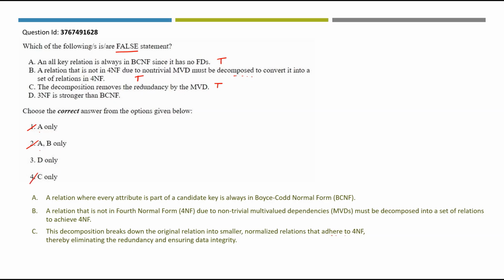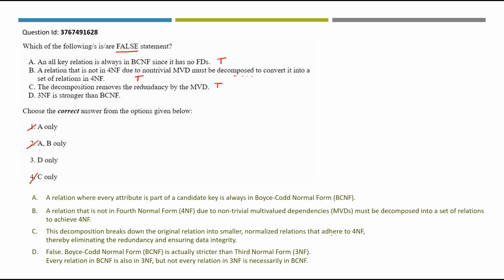What about D? 3NF is stronger than BCNF. When you take the normal forms, we have 1NF, 2NF, 3NF, BCNF, then we go for 4NF. As for this question, I am telling you, Boyce-Codd normal form is actually stricter than third normal form. Every relation in Boyce-Codd normal form is also in third normal form.